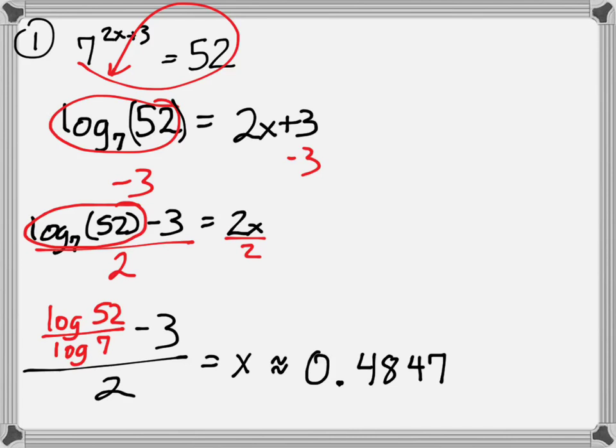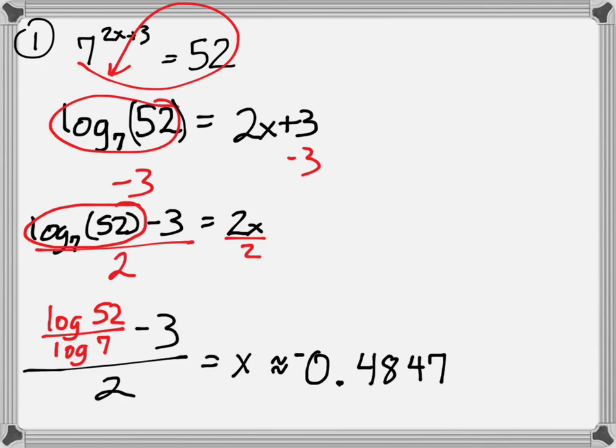So let's check to see, is this going to give us a positive number in our exponent? Why is that important to check? If I raise this to a negative exponent, what will happen to the other side is going to be like 1 over. Is the 0.4847 a negative or a positive? It is a negative.